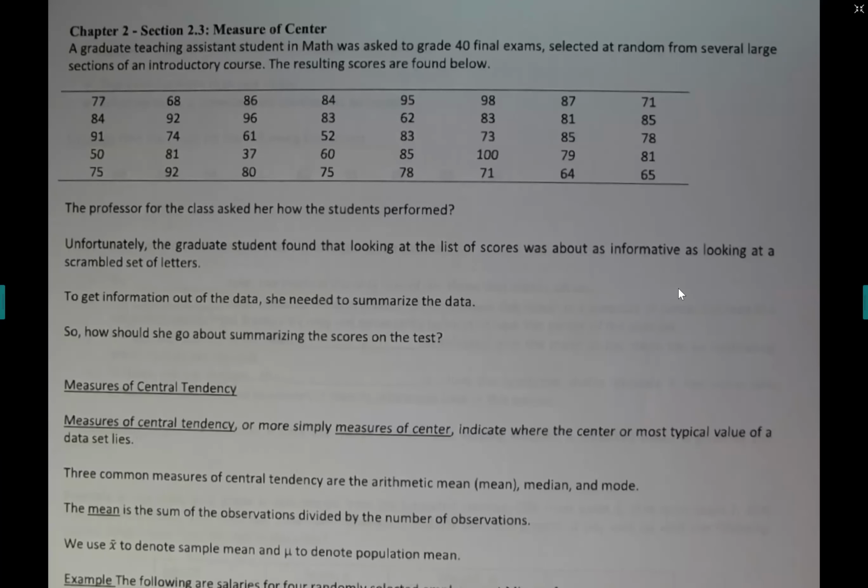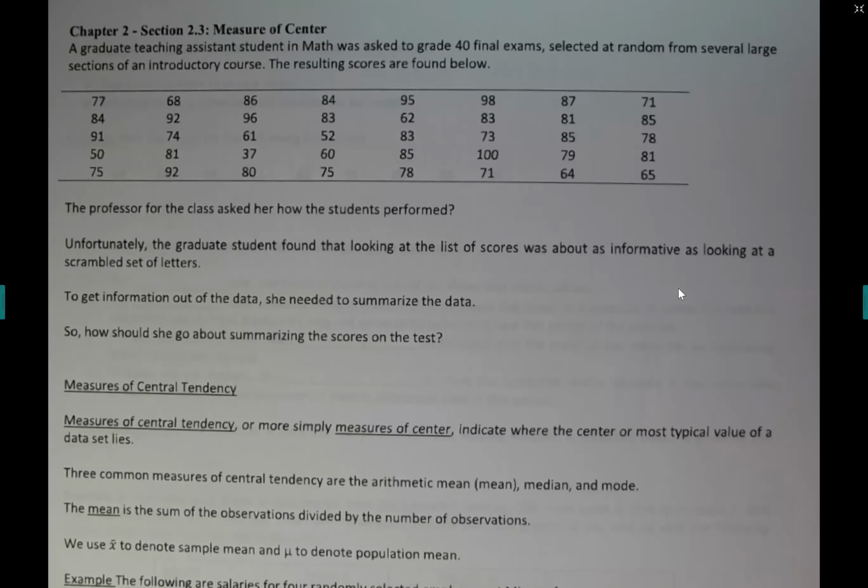You can compute the mean and the median using the calculator, or you can do it by hand, it's not difficult at all. But the mode, you have to do by hand. It's very easy. The mode is the value that occurs most often in the data set, so you just look at the data and you'll see it right away.